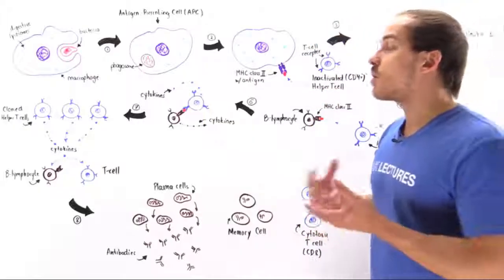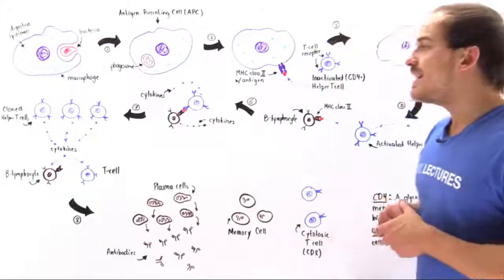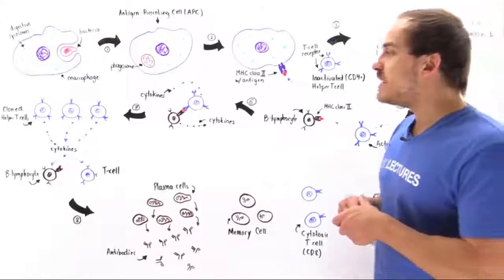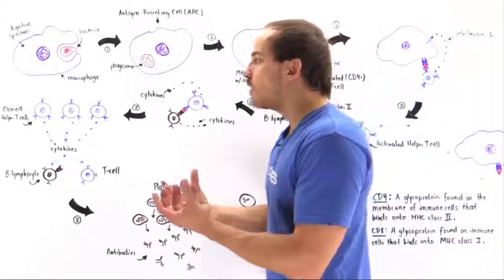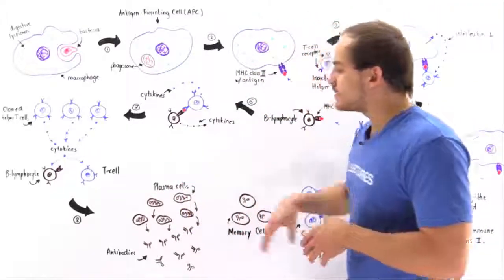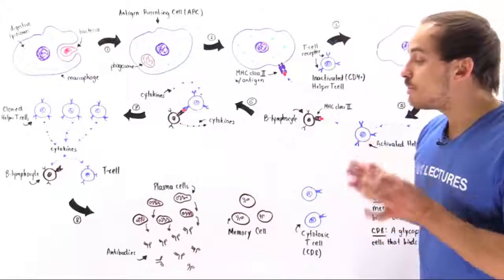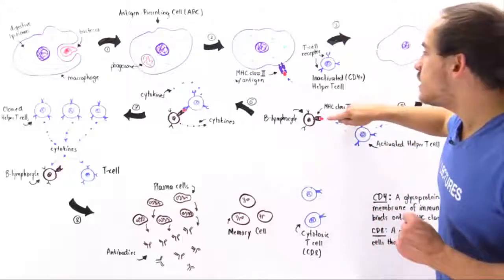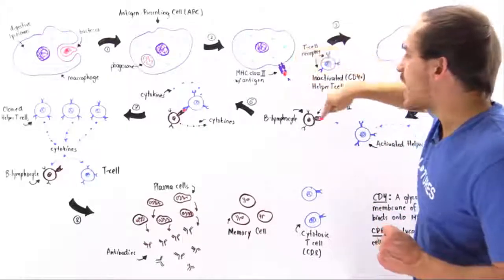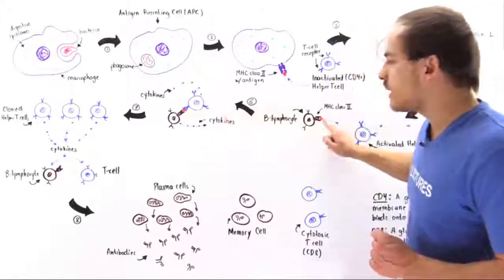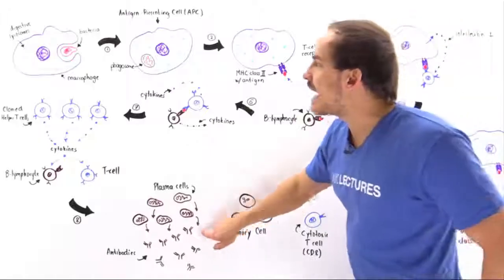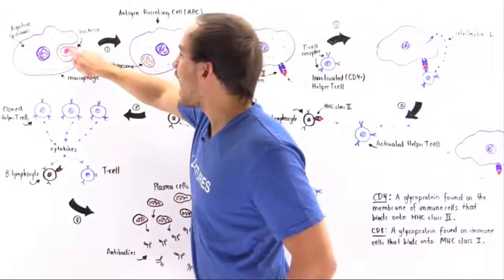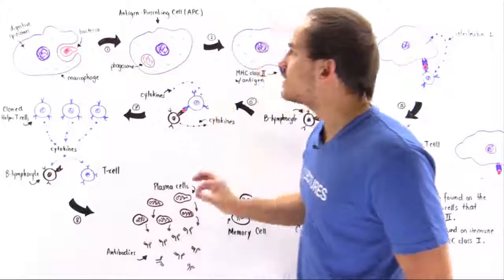They're part of the antibody-mediated immunity. And what that means is they're involved with forming and storing antibodies. So the plasma cells form antibodies that are complementary to these specific antigens that we spoke about earlier, shown in red. So these antibodies are complementary to the antigens found on this bacterial cell.